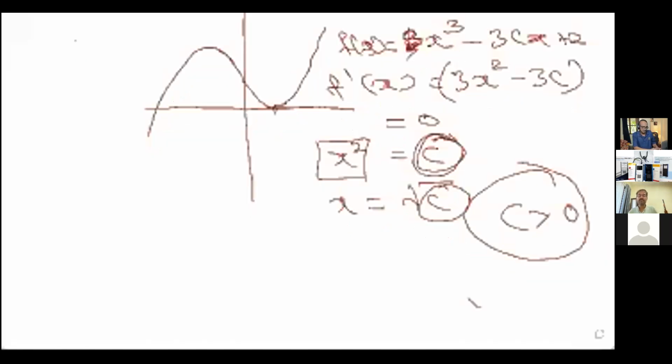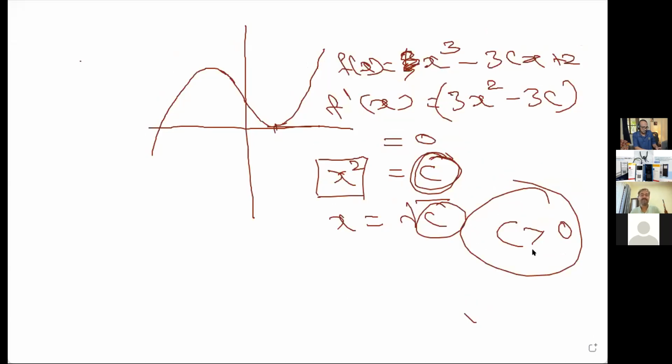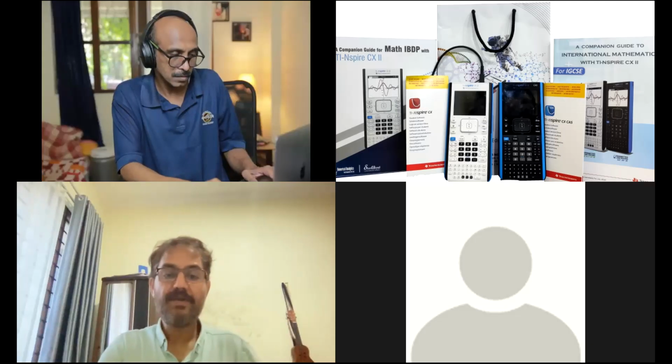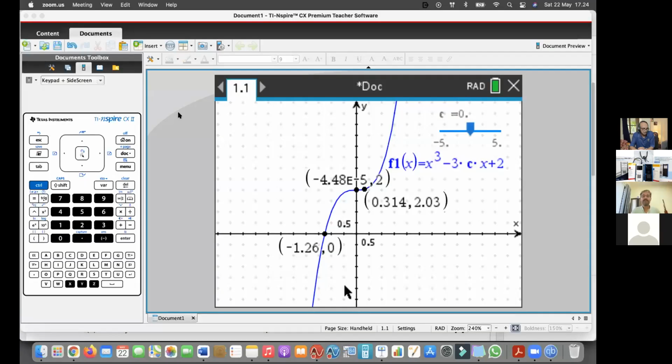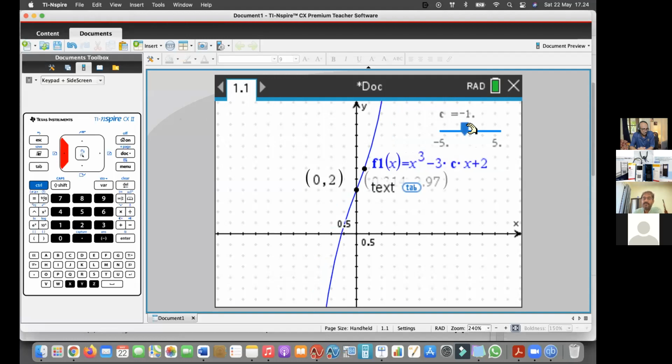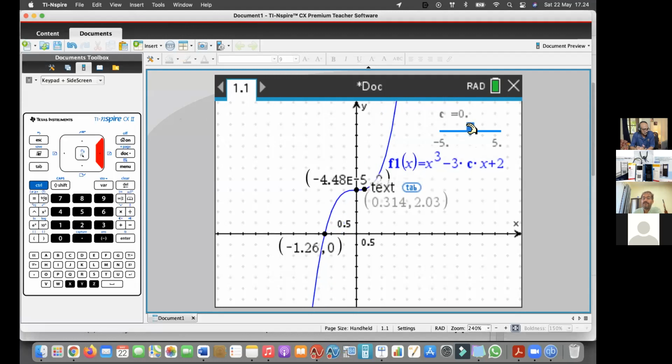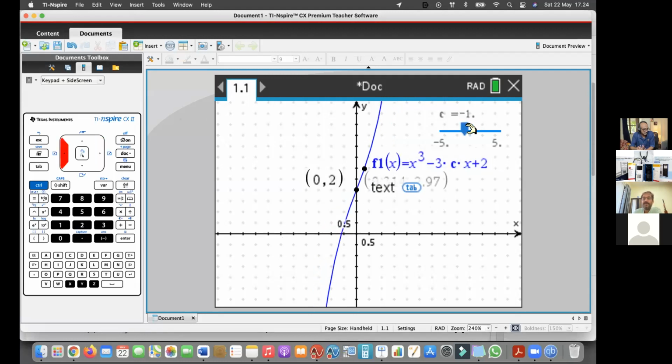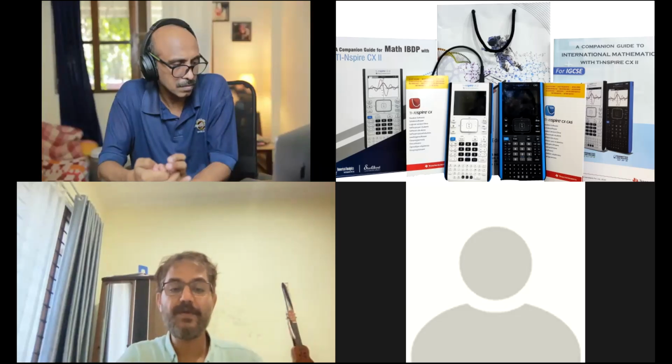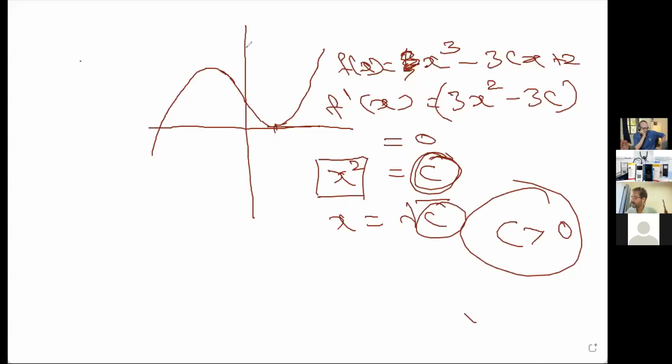When c is more than 0, you will have one minimum and one maximum. And part C is when there is no point where the gradient is 0. So when there is no point where the gradient is 0, how will this look? Again, check here. When you go less than 0, do you see what happens here? Either you can look at this graph, or you can again look at the board.